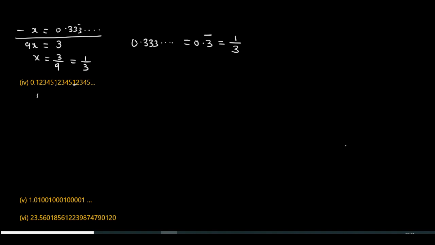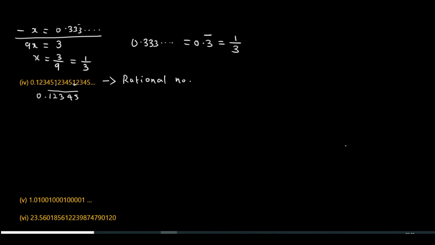So this is nothing but 0.12345 bar, with dot dot dot. So it is a non-terminating but recurring number, so definitely it is a rational number.